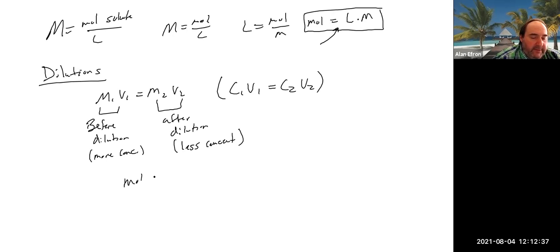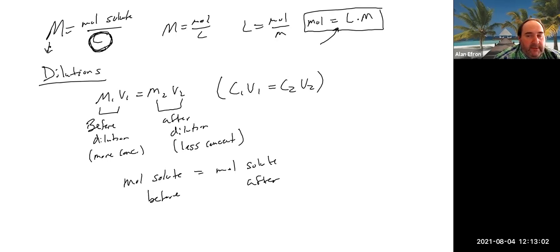Remember that usually when we do a dilution, the only thing that changes is the solvent. So the moles of solute before will equal the moles of solute after you do the dilution. That's why we see the molarity go down, because when we add more solvent, we are only changing this number. This number is getting bigger, which means that our molarity will go down when we do a dilution. Any questions on that there?